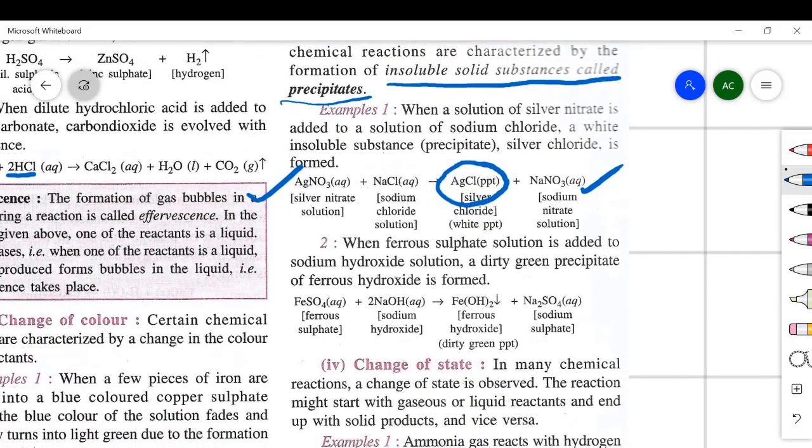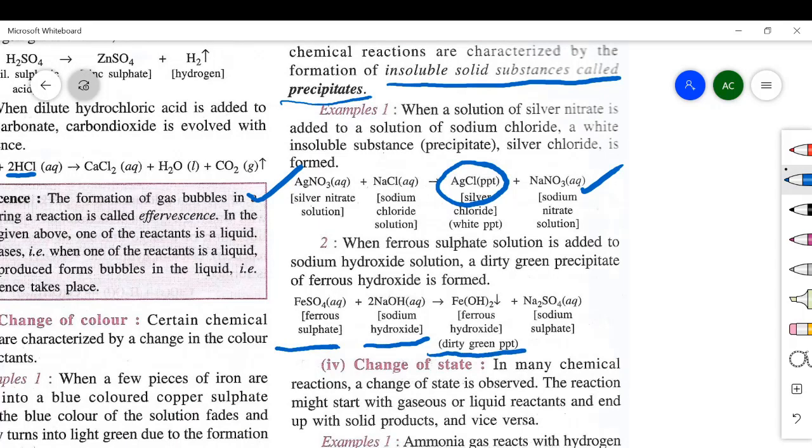Then another example of precipitate reaction: ferrous sulfate aqueous added to sodium hydroxide aqueous, you will see a dirty green precipitate, and sodium sulfate aqueous solution is formed. This is also a double displacement reaction.